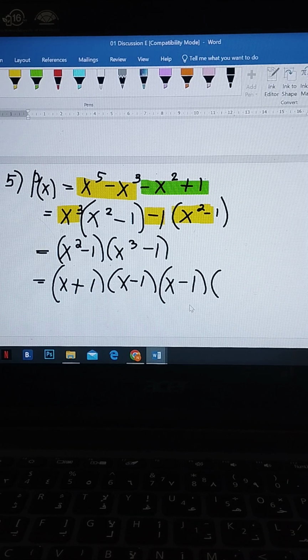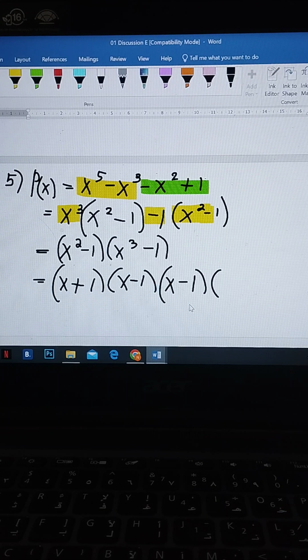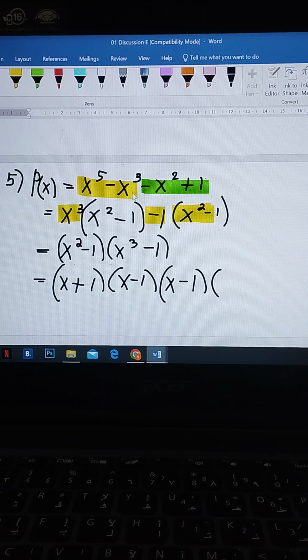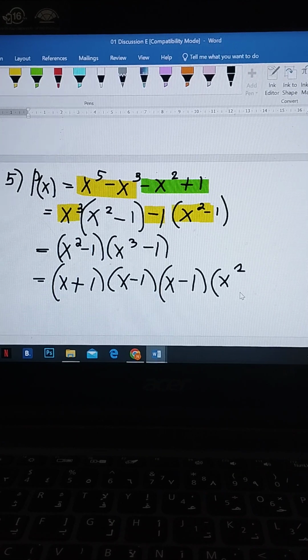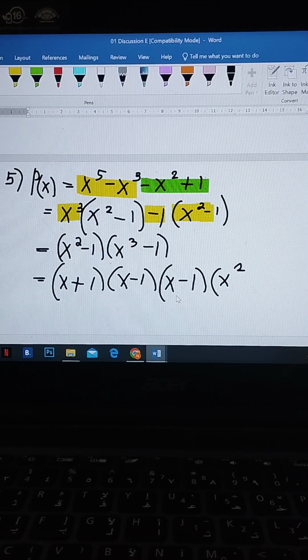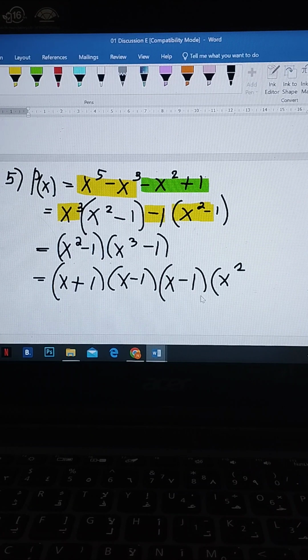Then how do you find the other trinomial factor? You square the first term x, so x squared. Then what will you do with x minus 1?